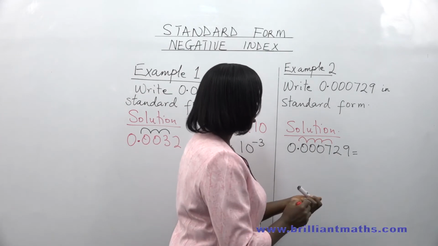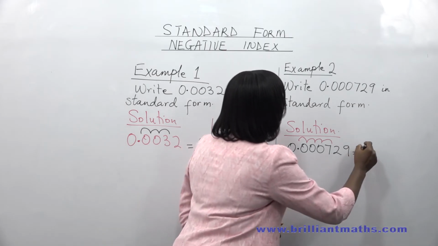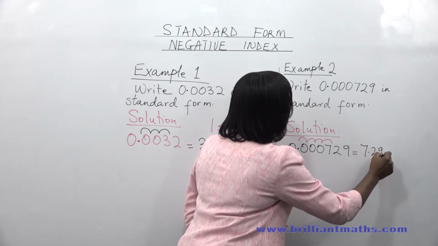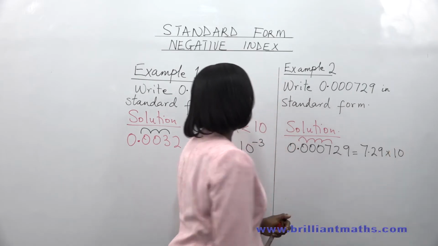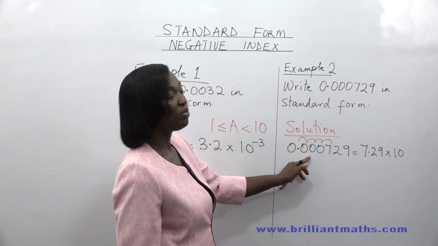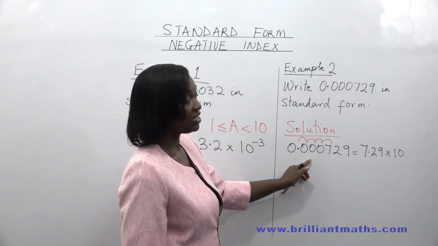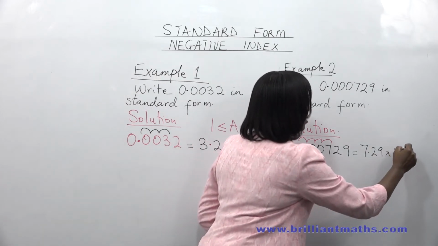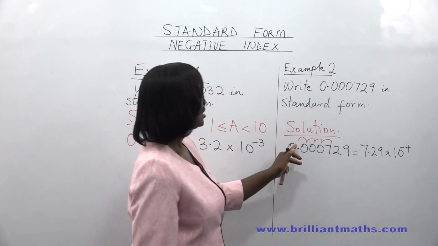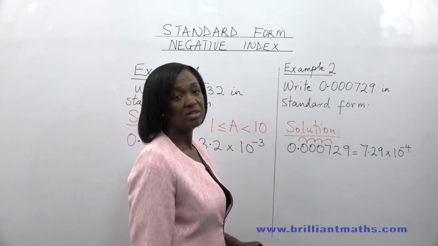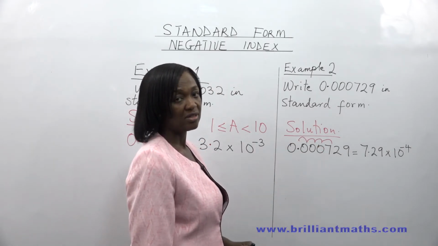So that will be equal to 7.29 times 10 to the power minus 4. I hope you can see that, because it has moved 4 steps to the right.